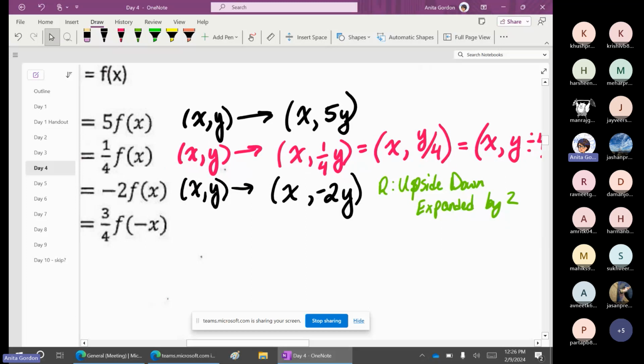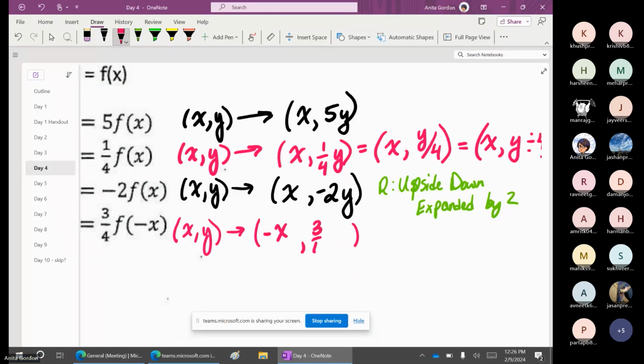Okay, what would the next one look like? Again, pay attention, there's extra pieces of information here. Negative x, 3/4 y. So again here I have a reflection, but now it is backward, right, over the y-axis.